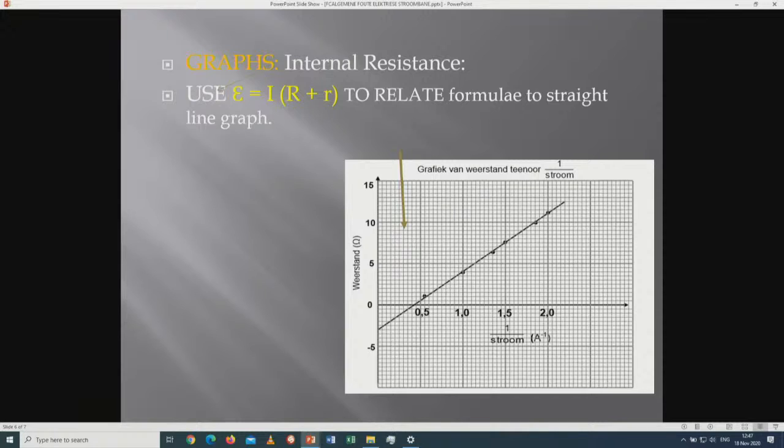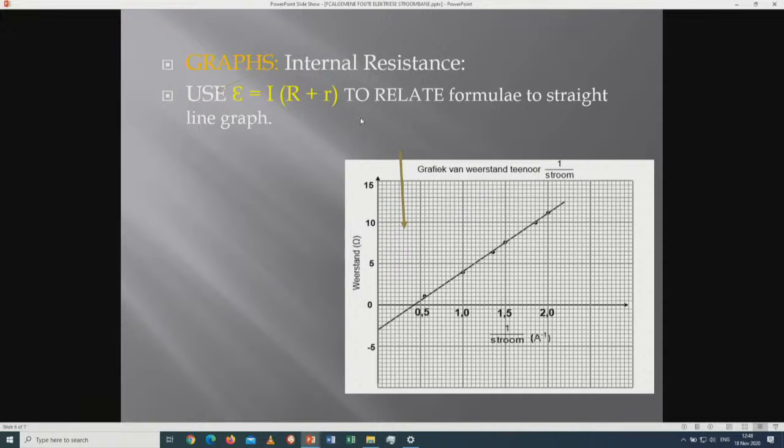And therefore, one of the questions in the paper must always have a practical kind of component, and often internal resistance is the question that they use to include something with a practical component. Now, the formula that includes internal resistance is this formula that I've indicated to you.